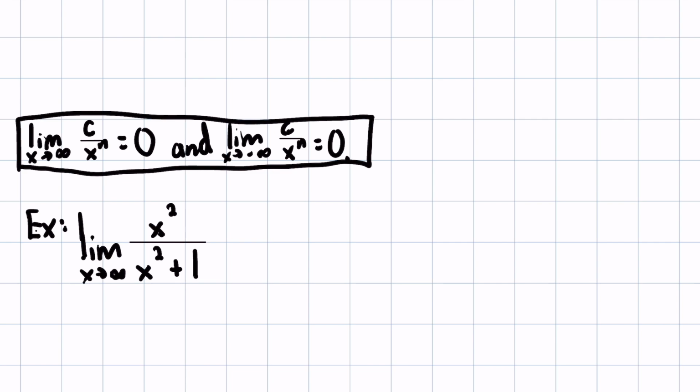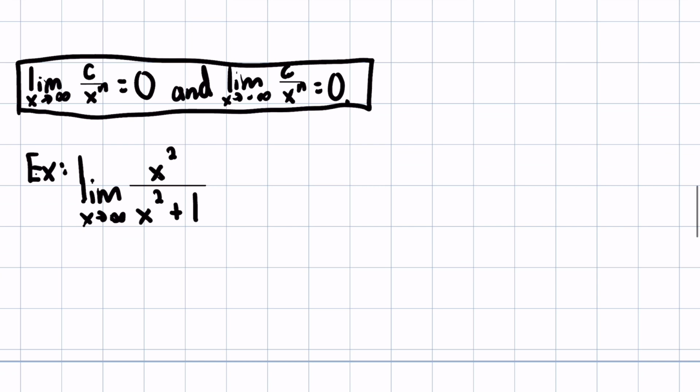So, in an actual limit, with this rational function here, what we're going to do is take the highest power in the rational function, which here is x squared. We're going to multiply by 1 over x squared over 1 over x squared.